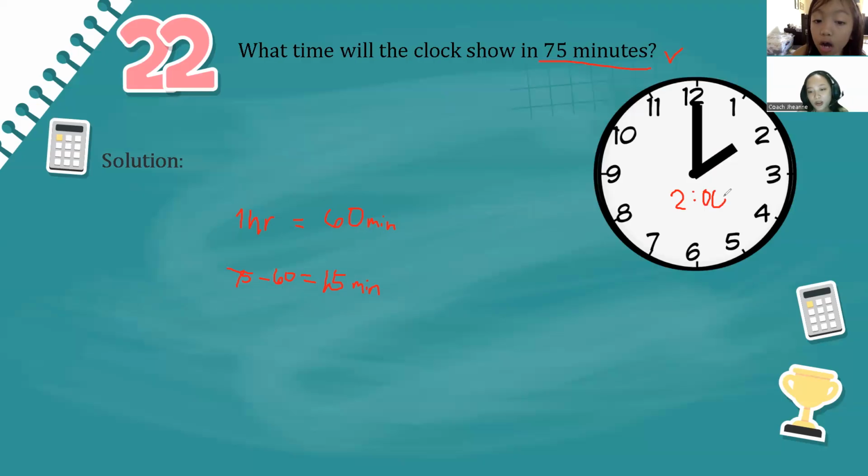So we know here that 75 minutes is 1 hour and 15 minutes. So we add 1 hour here, so the clock would be 1 hour, the long one, and then 15 minutes, the short one, I mean. So the answer would be 3:15. Everyone got it right.